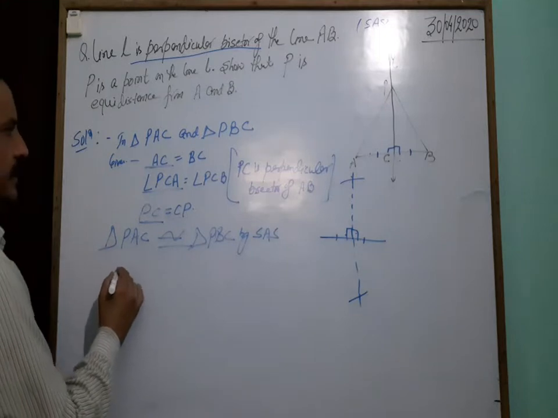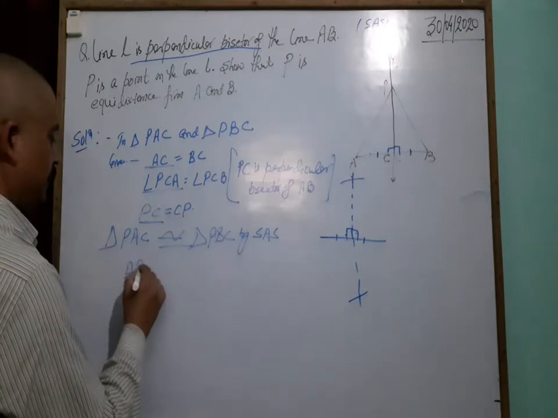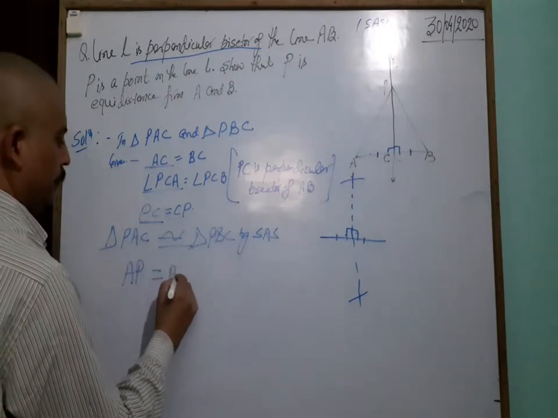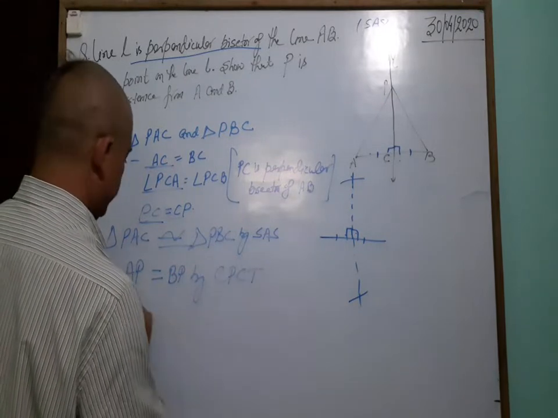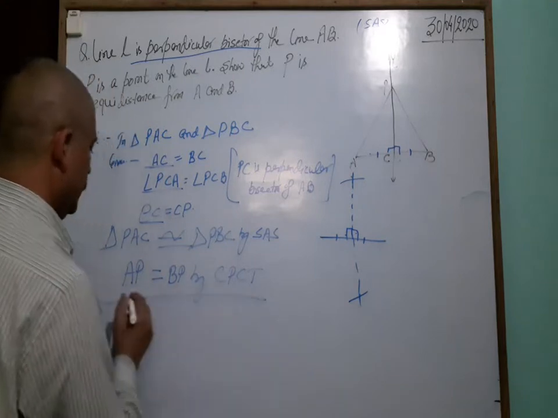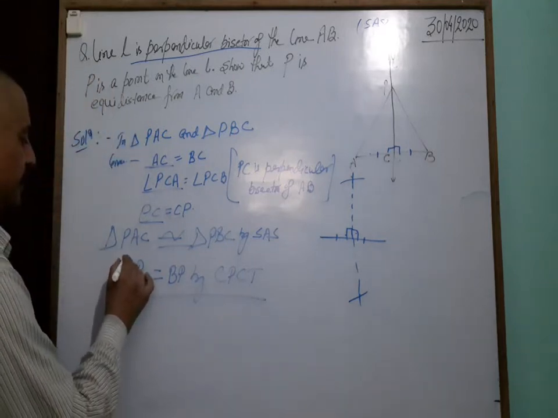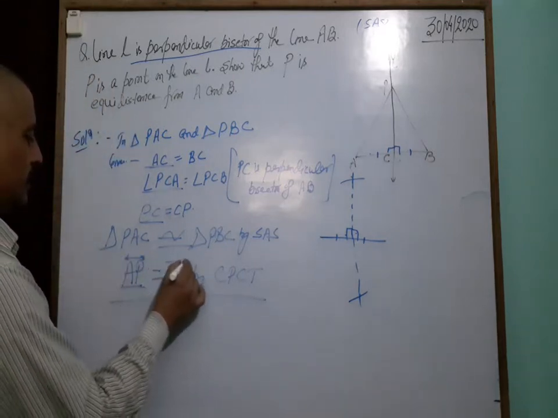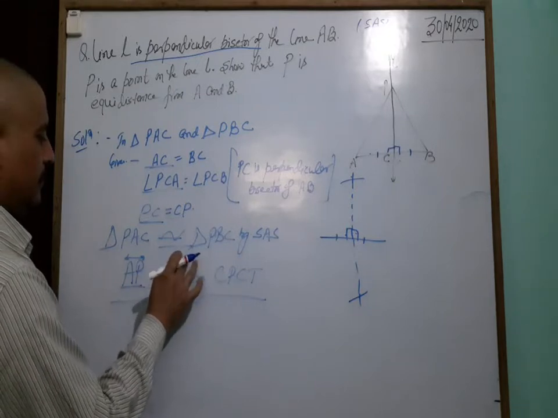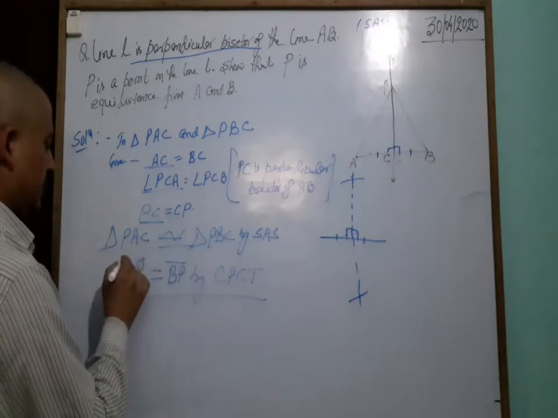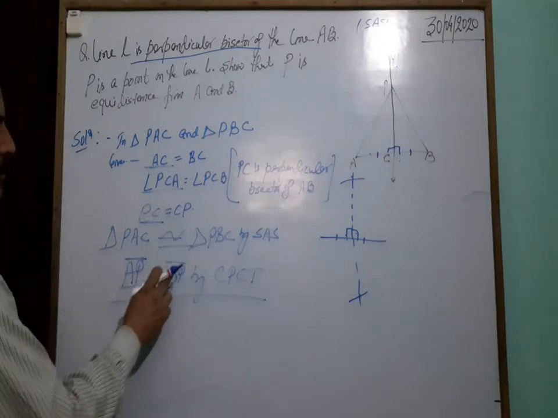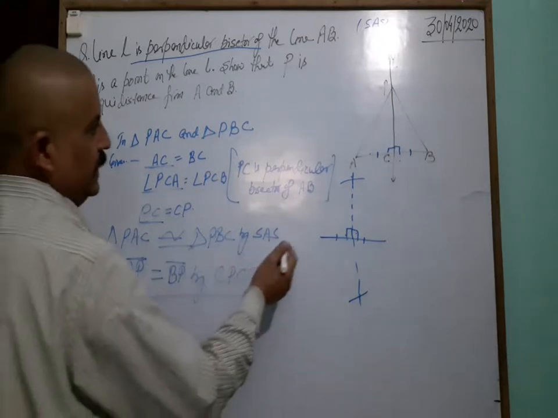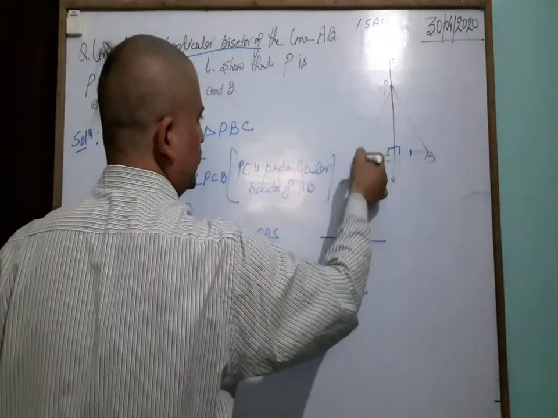Then we say that AP equals BP by CPCT. If the length of AP equals the length of BP, we say that P is equidistant from A and B.